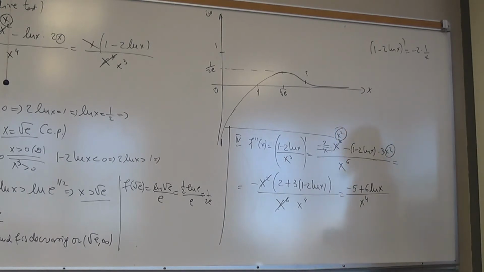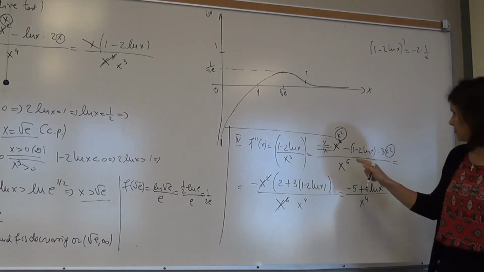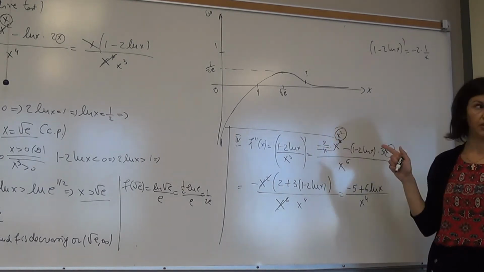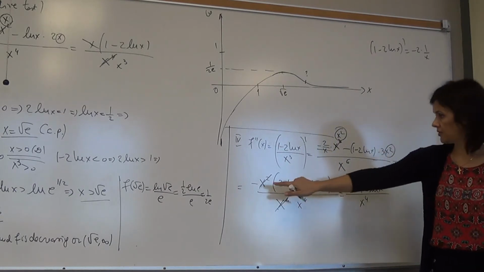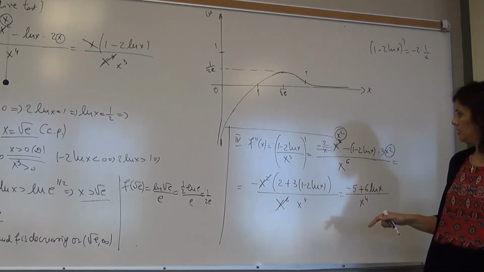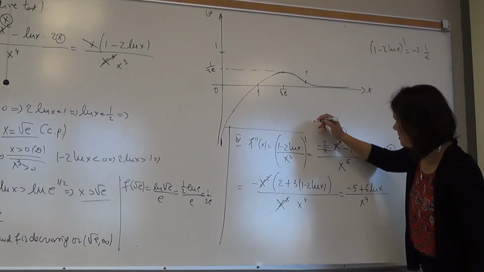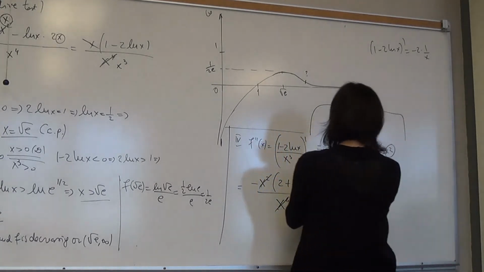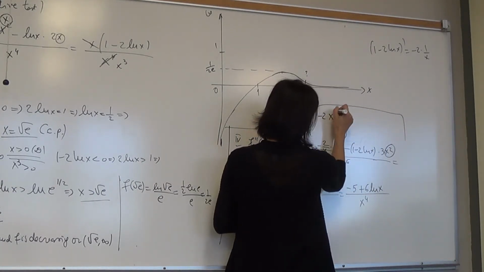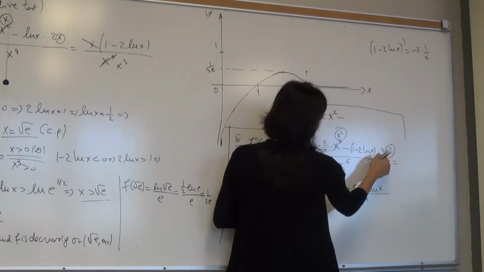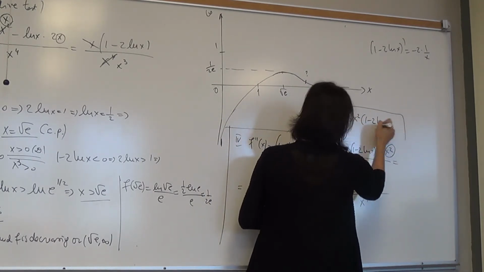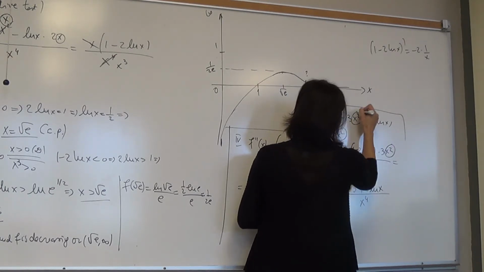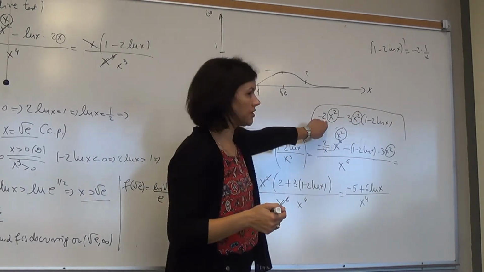Those of you who solved, what did you get? I have a question. Why is it 2 plus 3? Because you had -2x squared. When you factor out the negative x squared, the numerator after I simplify was -2x squared minus 3x squared times 1 minus 2 ln of x. So I factor out the negative x squared, and I am left with a 2.